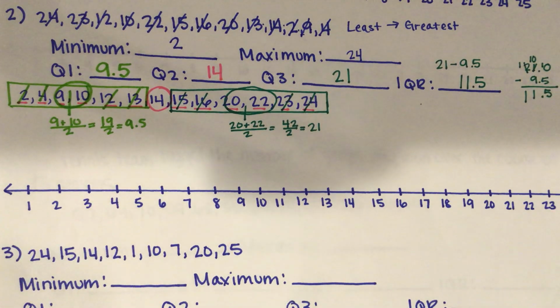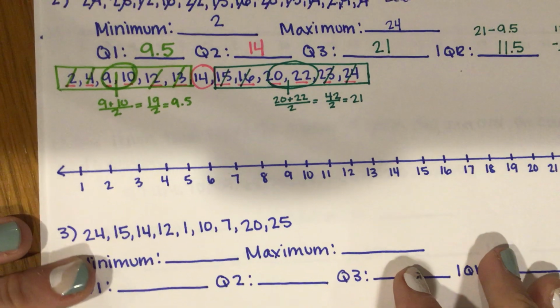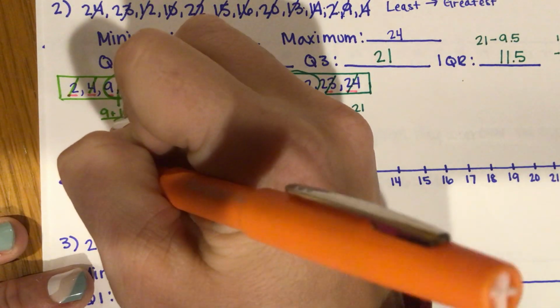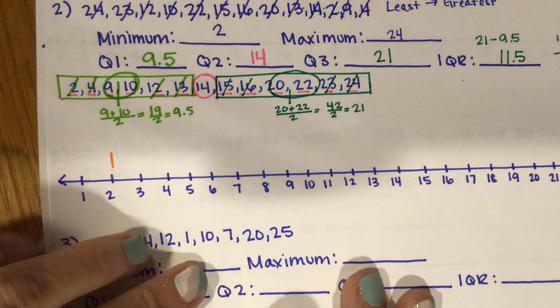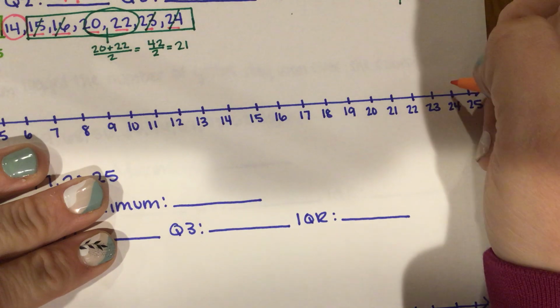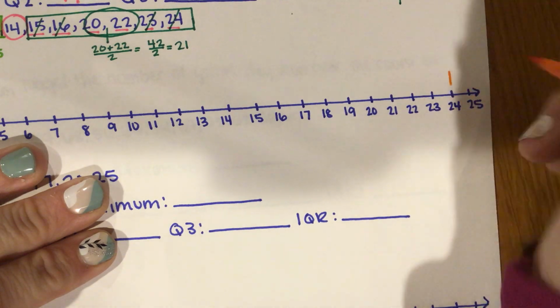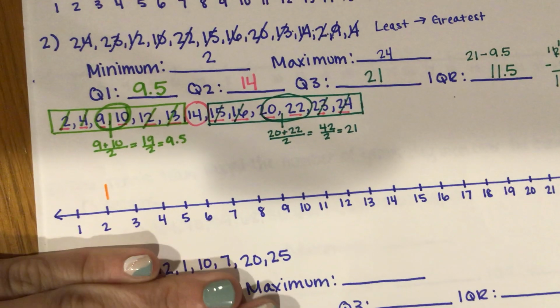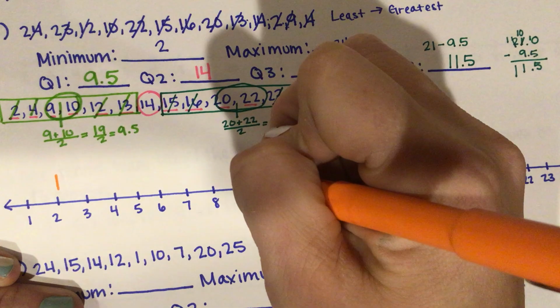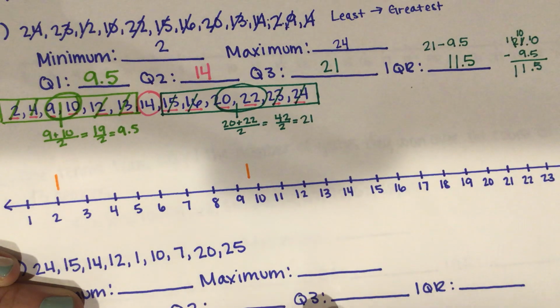So now I have all the pieces of my data ready to go, so I'm going to graph it. My minimum is 2, so I put a vertical line above the number 2. My maximum is 24. Q1 is 9.5, so I find 9, go to the halfway point, and put a line up.